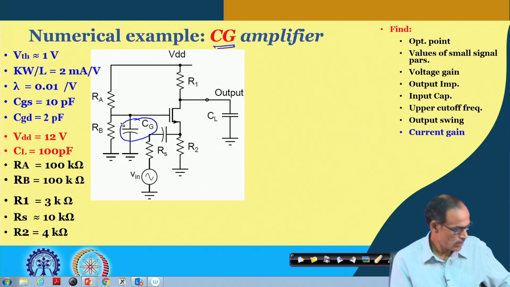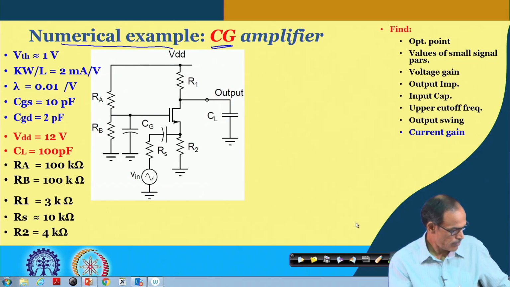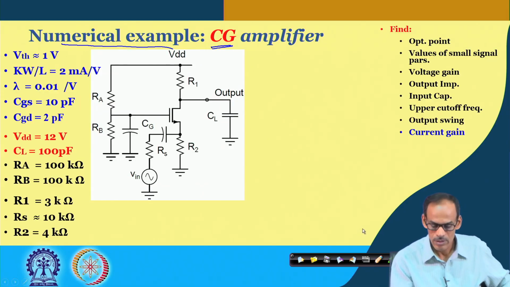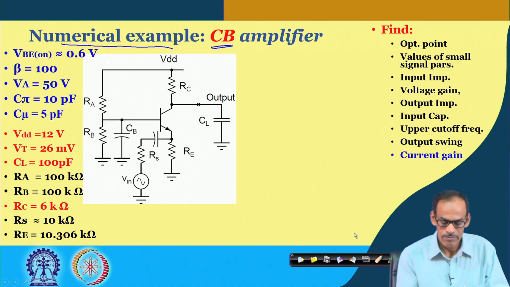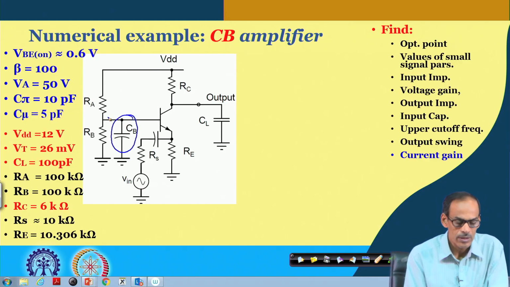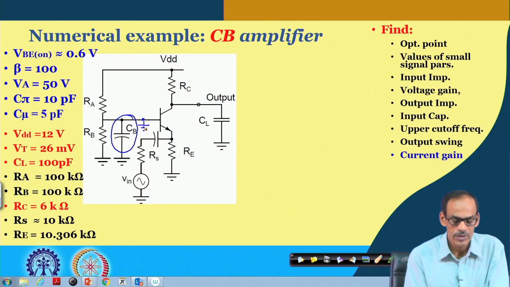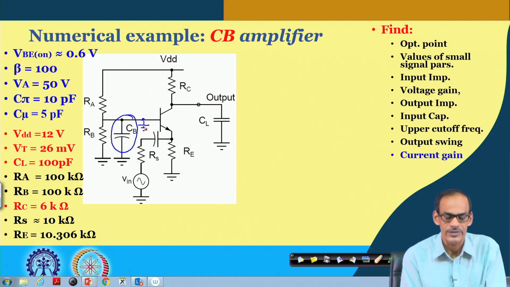If you see the previous circuit, in the common base amplifier there also we have Cb, that makes the base node AC ground, and with that assumption we have done the analysis.